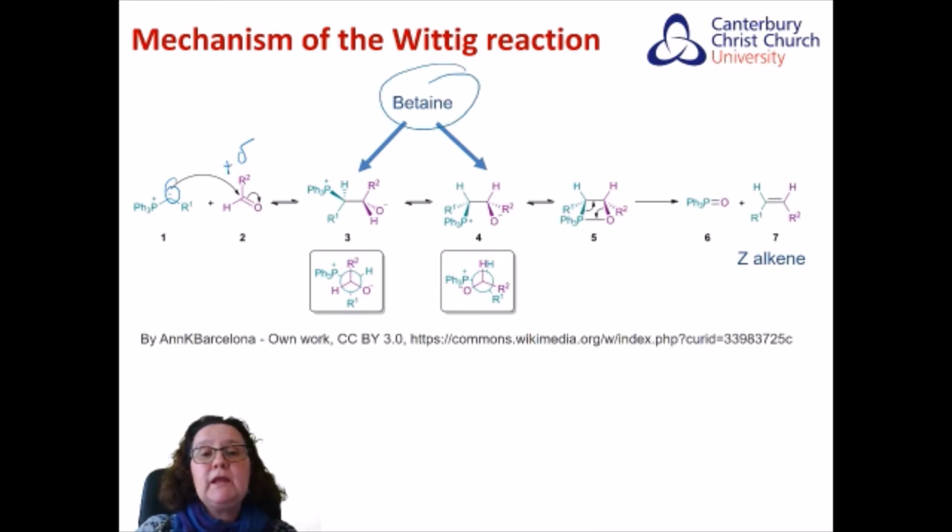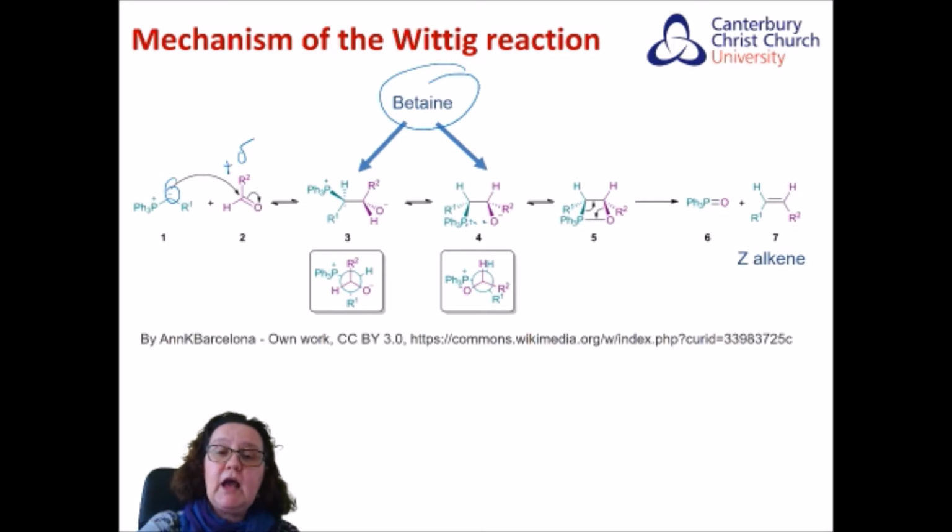There is free rotation around the carbons, so you can form intermediate 4. And if you look at the position of intermediate 4, you have the phosphorus and the oxygen close enough, one with a positive charge and one with a negative charge, to form a bond.